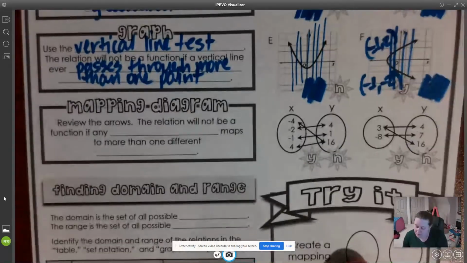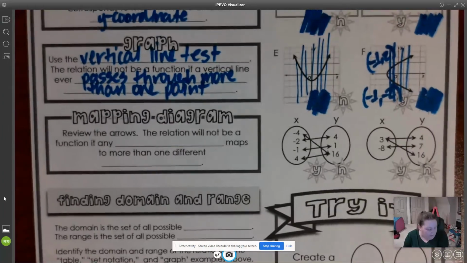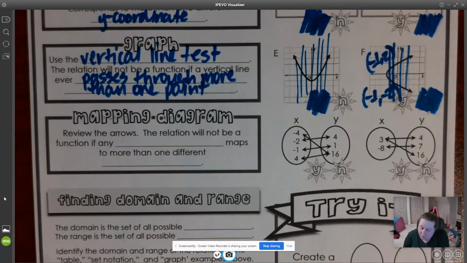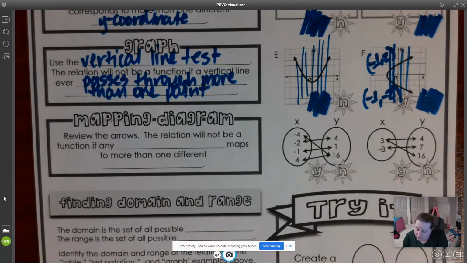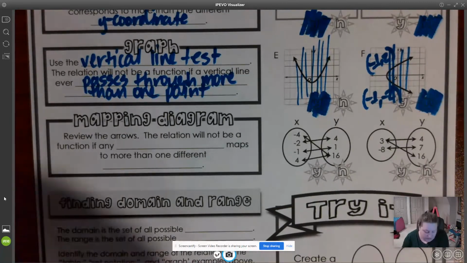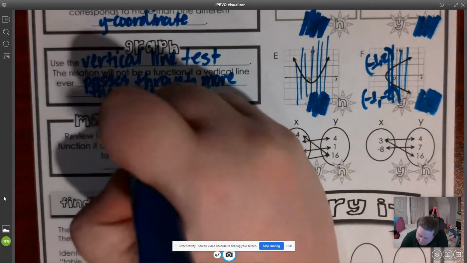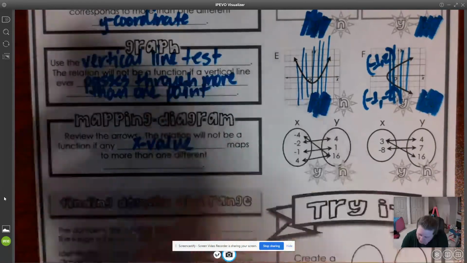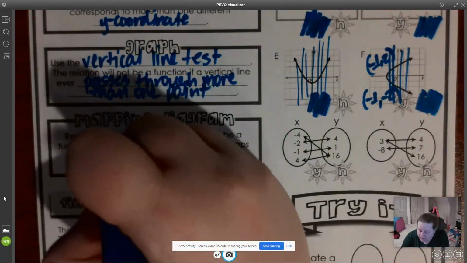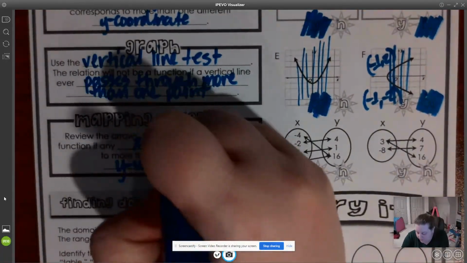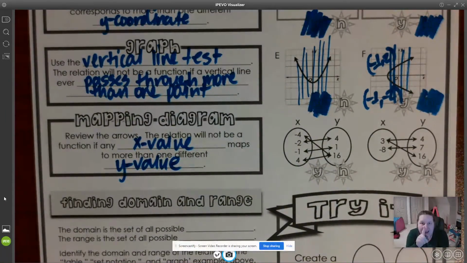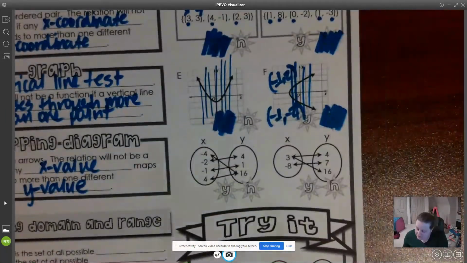Okay. Last but not least, we have our mapping diagrams. So we review our arrows. The relation will not be a function if any x value maps to more than one different y value. So basically, you only want one arrow coming from each x.